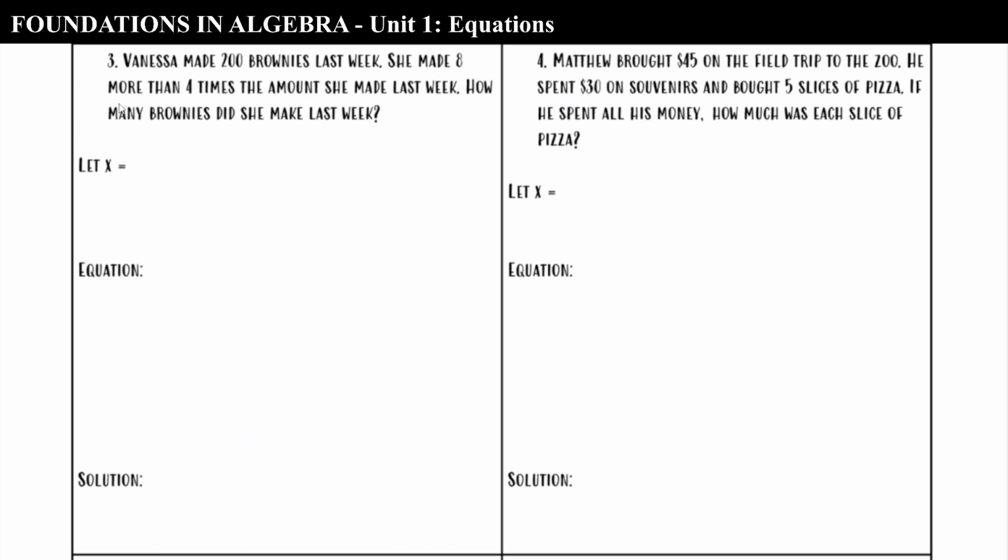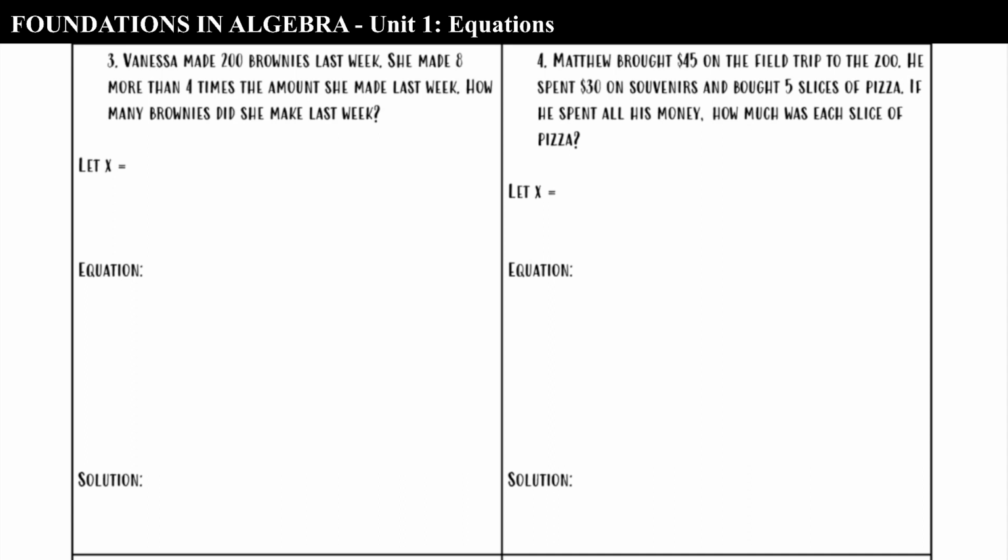Vanessa made 200 brownies last week. She made 8 more than 4 times the amount she made last week. How many brownies did she make last week? Okay, so there is an adjustment that needs to be made to this problem. So let's see. Let's change this last to this.